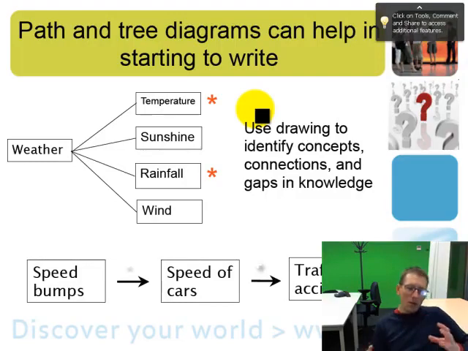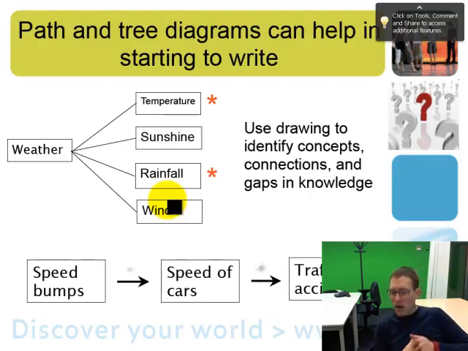You want to draw a picture that represents what these concepts are and how they're related. So just as some silly examples, if you have a concept that's the weather, you might have subcategories of temperature, sunshine, rainfall, and so on. You may often read about concepts that are causally related to each other.